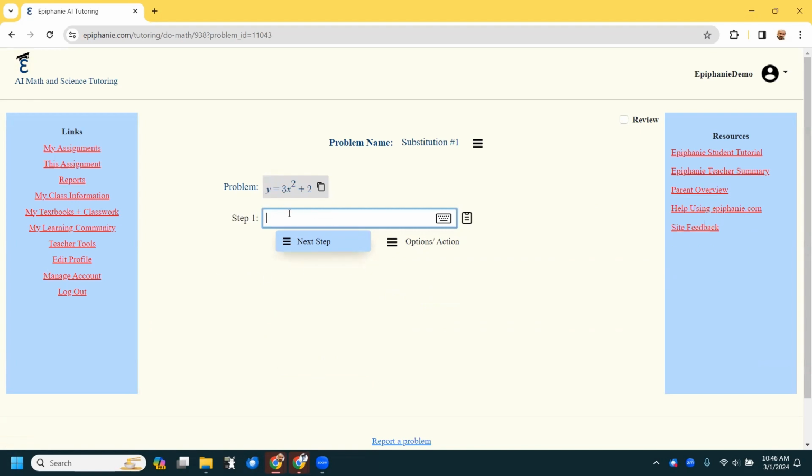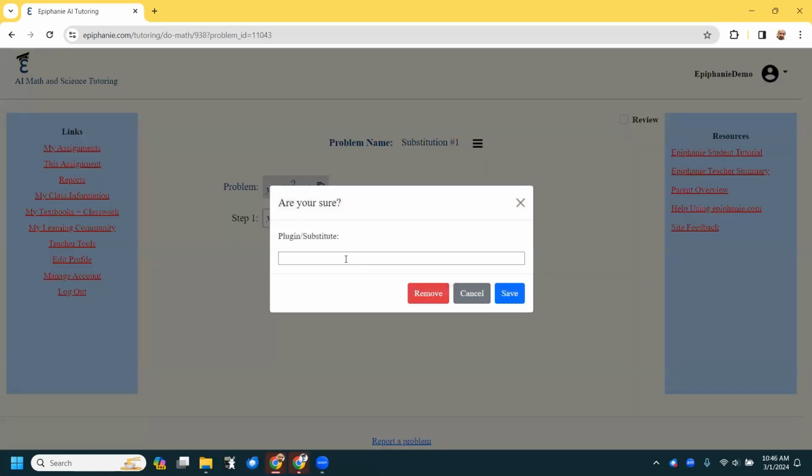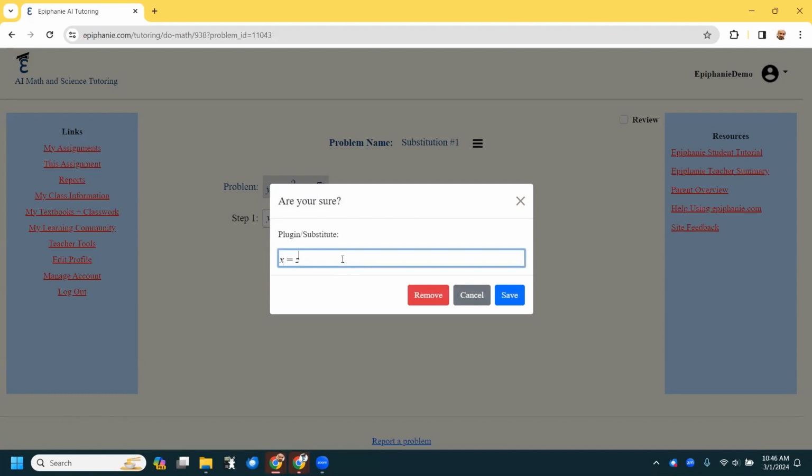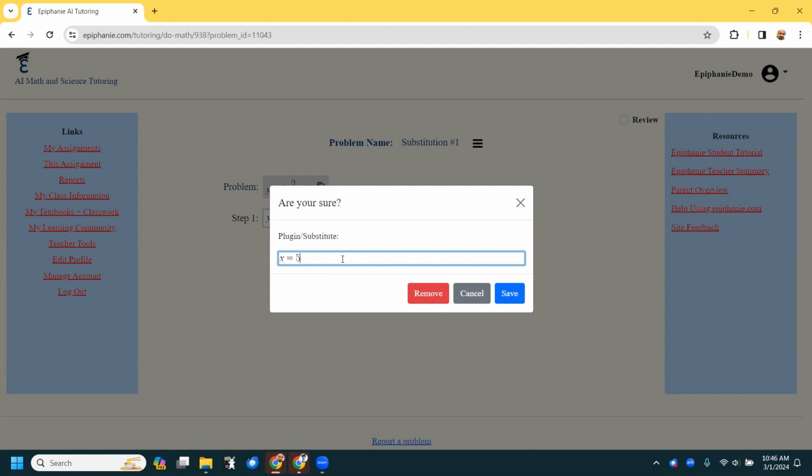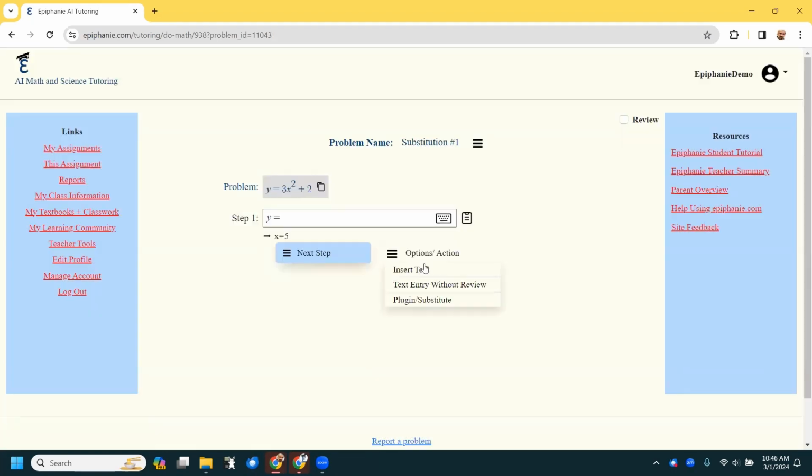So in this next problem, I want to show an example of how you can do substitution. So I'm going to say that I want to substitute 5 for x. Well, what I have to do is come over here, and I'm going to plug in and substitute, and I'm going to say that x equals 5. I could also say that x equals some expression, x equals z squared minus 2 if I wanted to. But I'm just going to say x equals 5 for this problem. I'll save that.